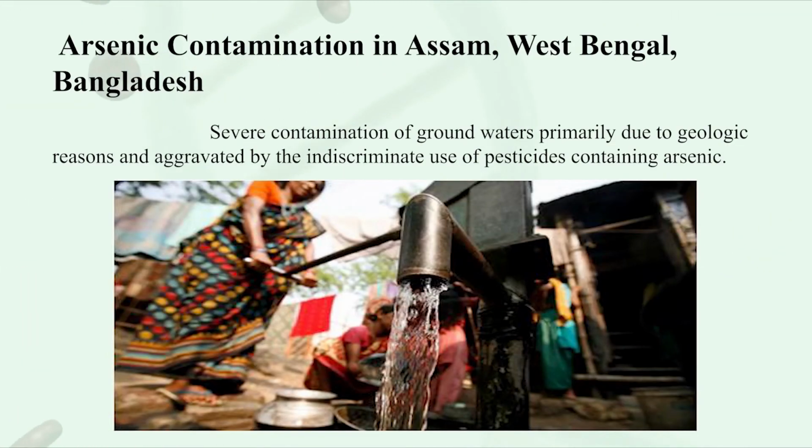Now, speaking of arsenic contamination in West Bengal, this is of very serious concern, and there is severe contamination of the groundwater, primarily due to geologic reasons, because the entire belt running from West Bengal, Assam and Bangladesh is facing the problem of arsenic contamination, and it is aggravated by the indiscriminate use of fertilizers containing arsenic.